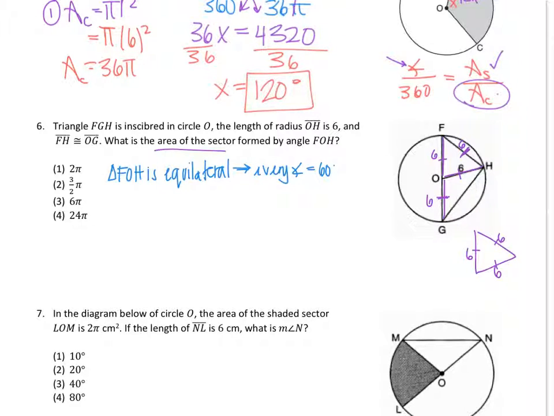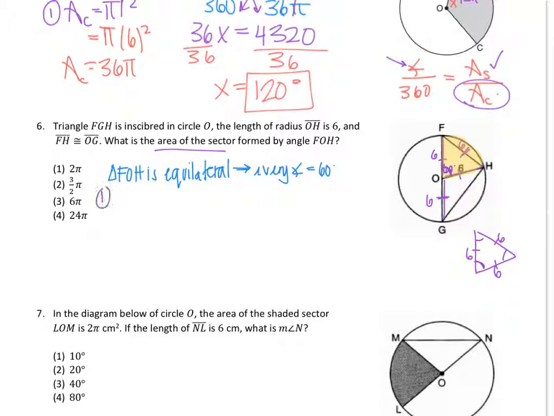Now, because we're trying to find the area of the sector FOH, this piece, we need the central angle that we had been talking about a while back on the previous page, this central angle. And that's the same as this one, which we said all of them are now 60.